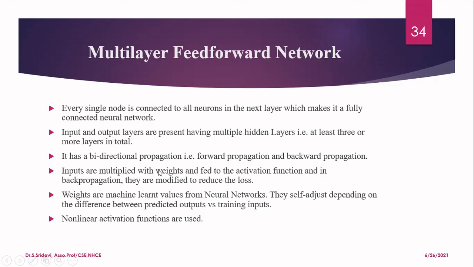And inputs are multiplied by the weights, and they are fed to the activation function. This is done during the forward propagation. And during the backward propagation, the weights are adjusted to reduce the loss. That is nothing but to reduce the error. And in this, generally we'll be using non-linear activation functions like ReLU, sigmoid, softmax, and so on.